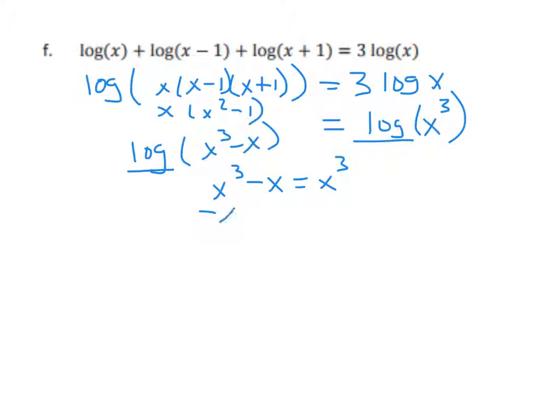If I move an x cubed to the other side, you will notice, bingo, they're gone on both. So I get negative x equals 0, divide by negative 1, and x turns out to be 0. Okay, so 0 is my answer, but remember, we have to be greater than 0. And if I put 0 in here, that's not greater than 0.